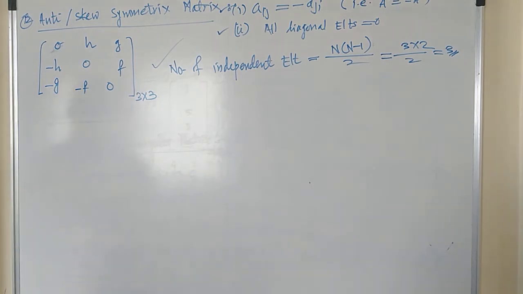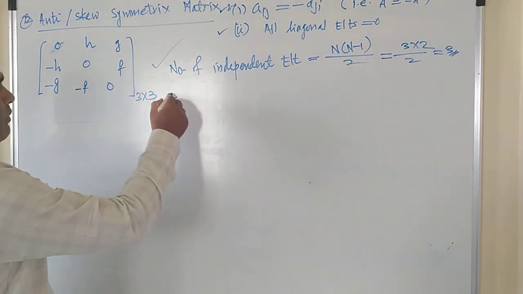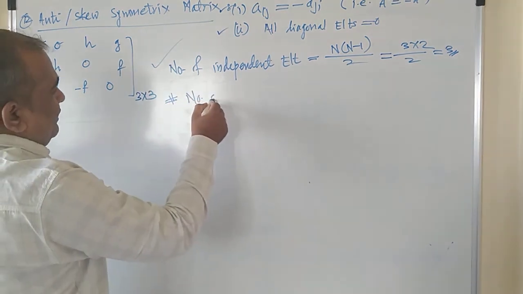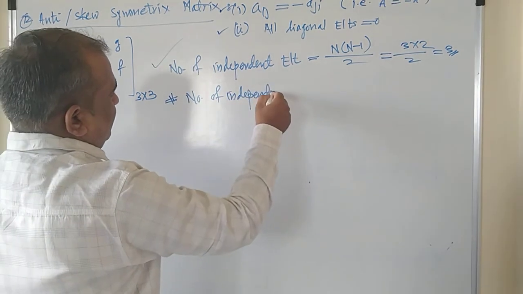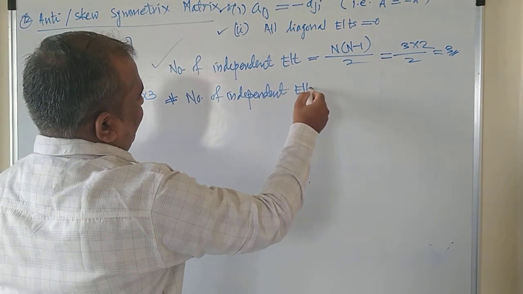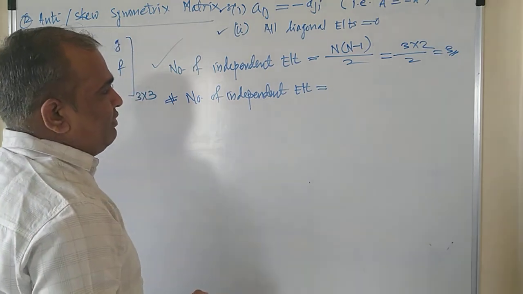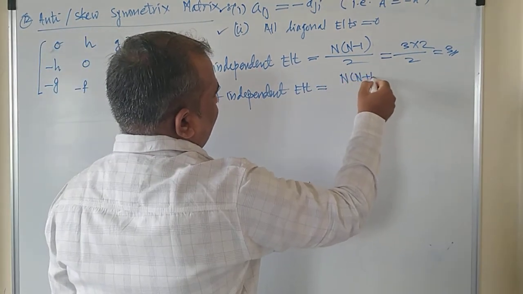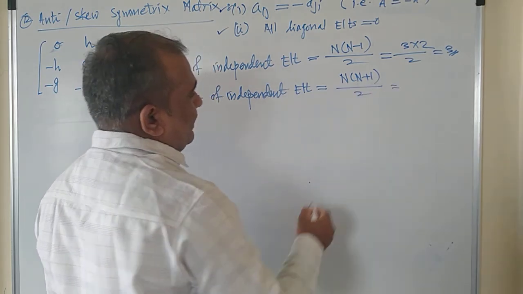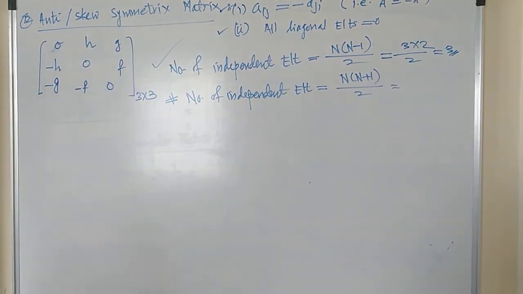On the same line, the number of independent elements for symmetric matrices, which I forgot to mention, is n into n plus 1 by 2. In case of symmetric matrices, what is the difference?